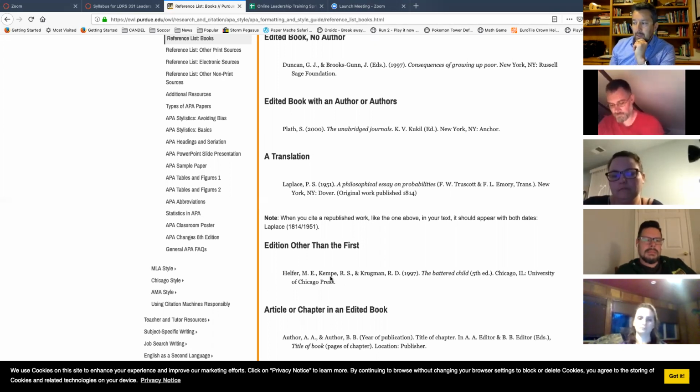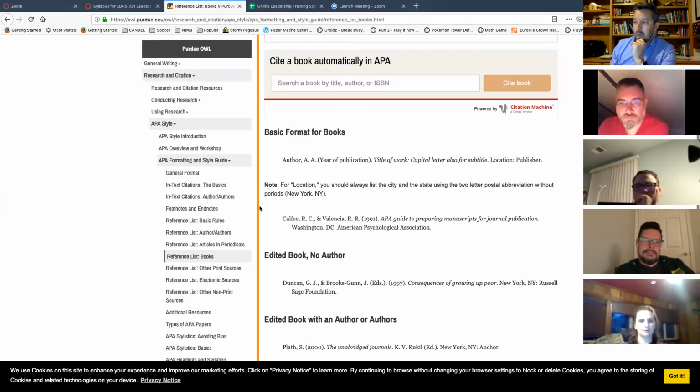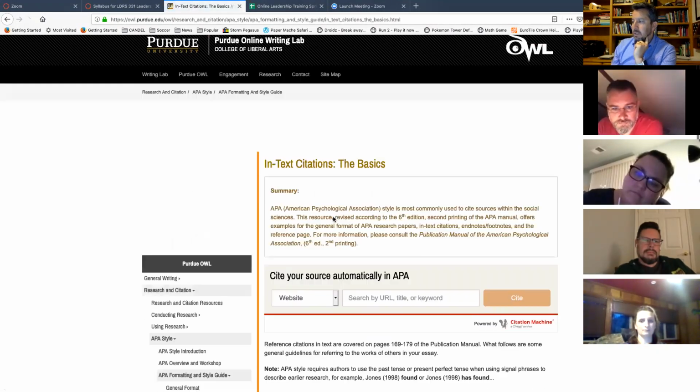So in other words, I'm not going to be a real stickler for the APA format in terms of, oh, you have to have a cover sheet, you have to have your running headers, your reference page has to be separate. For this course, what I want you to focus on is getting the references to look like these, and also to cite your sources in your text the APA way. And let's see if it says here. So in-text citations.